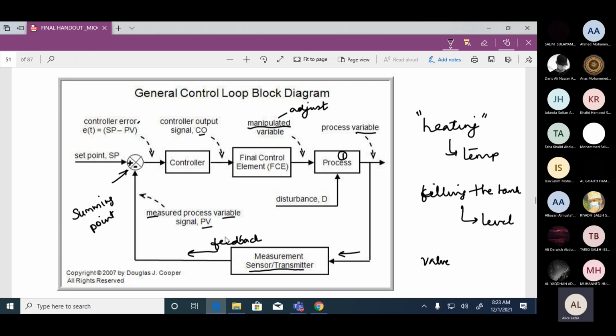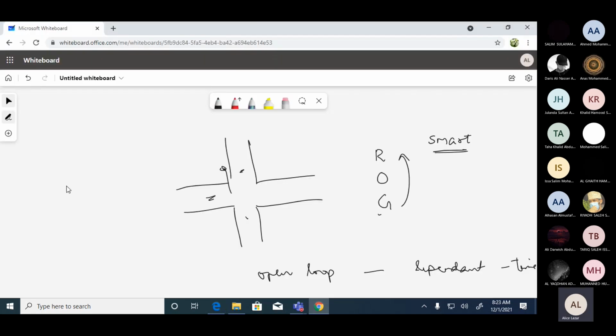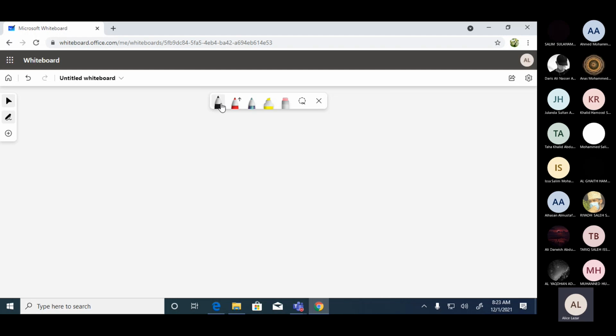Now, while this process is being carried on, there can be something called disturbance. What is disturbance? Let me give you a very simple example. Let us say that we have a classroom. There is a door here, there are two windows, and there is an air conditioner system.